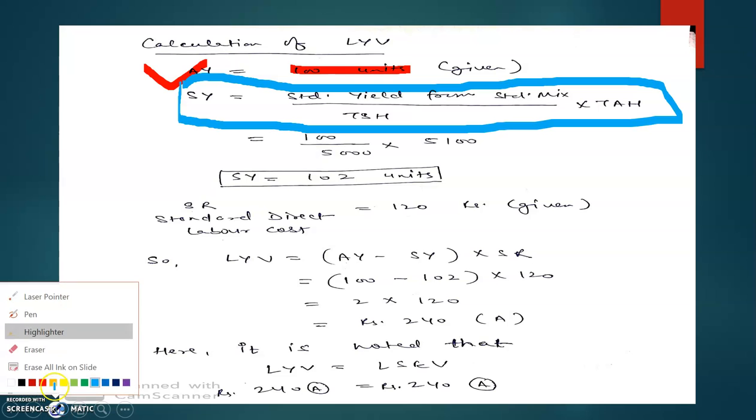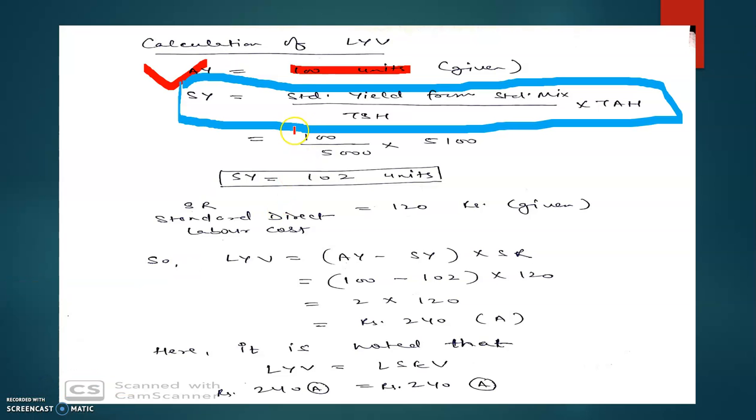So you see, the question gave us 100 units as the standard yield and 5000, that is 2000 plus 3000 which we total, we will get 5000, and total actual hours is also in the question, 5100. By this we will get the answer of standard yield, that is 102 units.